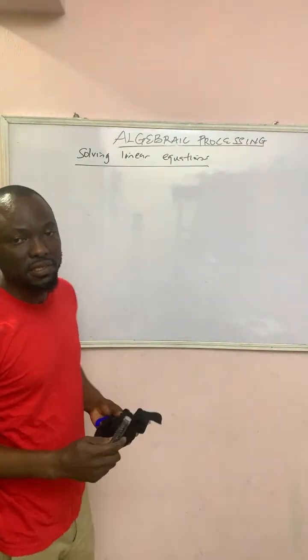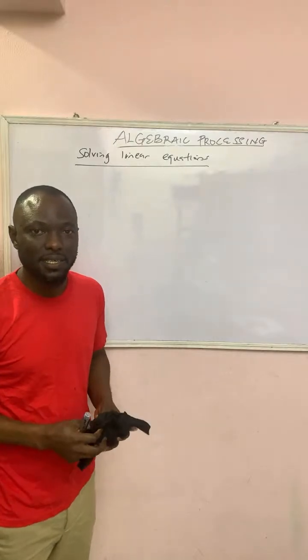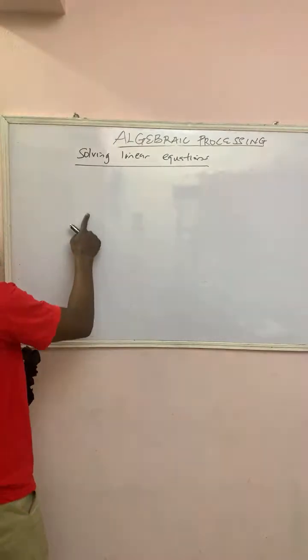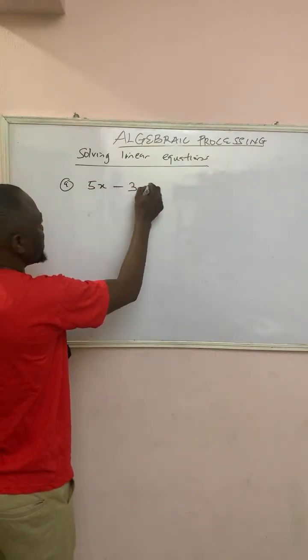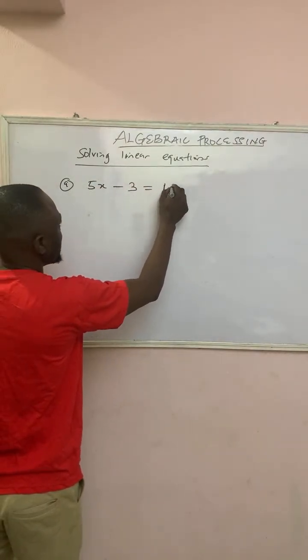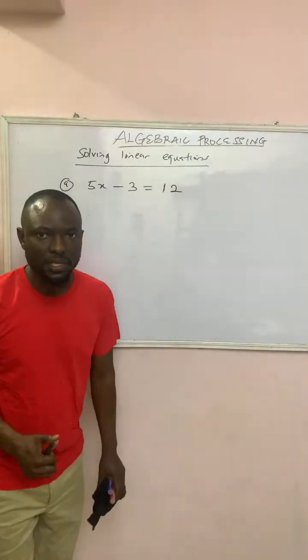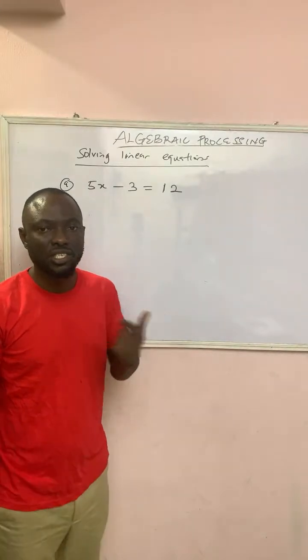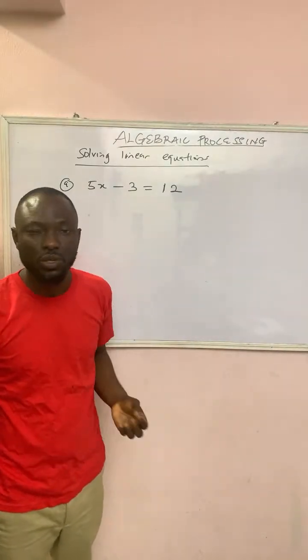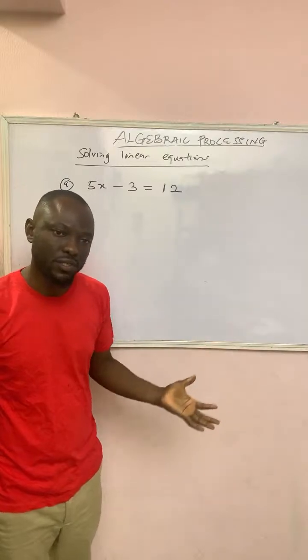I prefer using the method called balancing. Let's take a simple expression: 5x minus 3 equals 12. Now, the whole idea, a linear equation is a straight line equation which will give you one solution for that function.